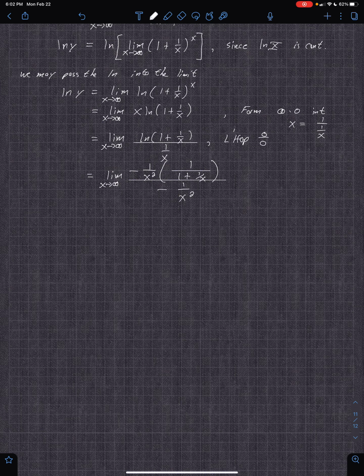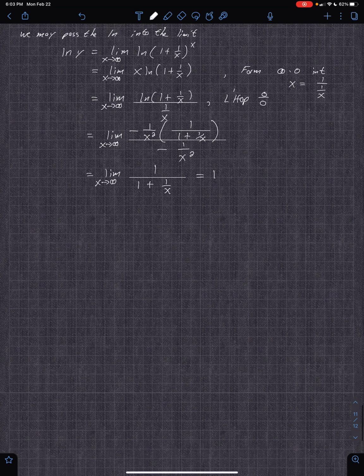And so you get that this is equal to the limit as x approaches infinity of 1 over 1 plus 1 over x. And now, take the limit. This goes to 0, and you get equal to 1. So this limit equals 1.